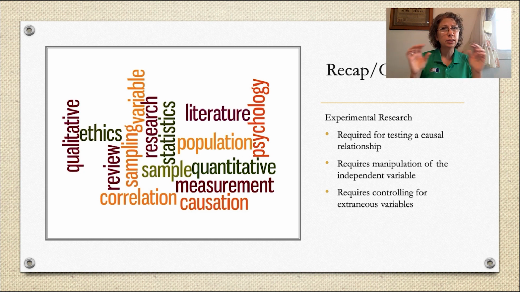But if it's a within subjects design, we have to do counterbalancing to address potential order effects. So controlling for extraneous variables sounds like, oh, just do that. But it can get rather complicated once you consider all of the potential different explanations for changes in the outcome.